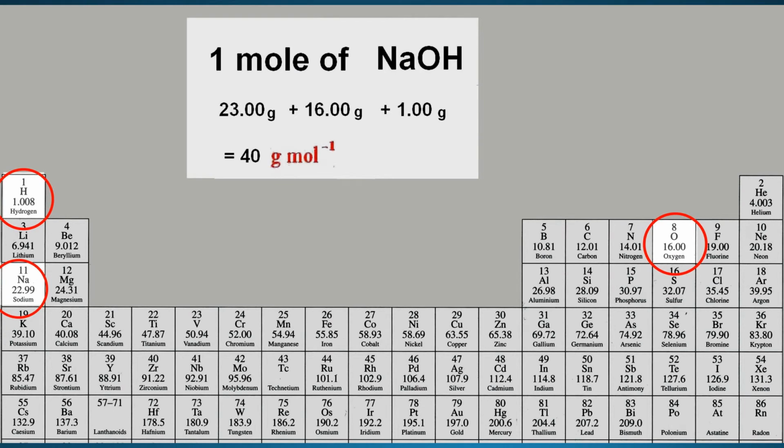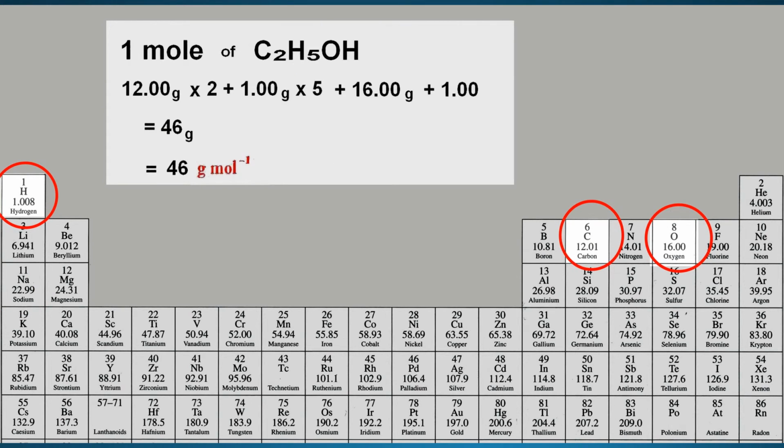NaOH, this is another molecule. You simply add it all together. 23 gram plus 16 gram oxygen and 1 gram hydrogen, total up 40 gram per mole. How about 1 mole of C2H5OH, which is an alcohol?